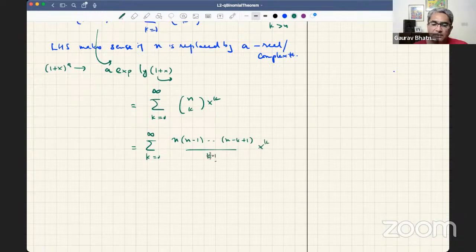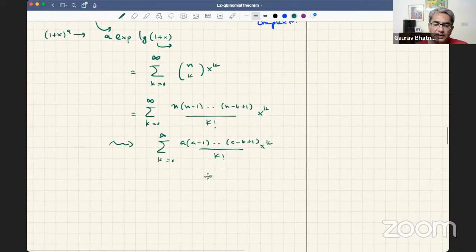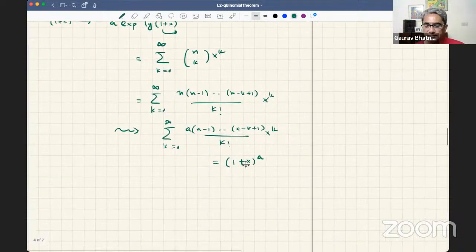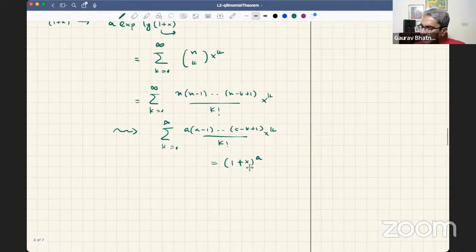And now you can replace n by a. So this gets transformed into the sum for k going from 0 to infinity of a times a minus 1 up to a minus k plus 1, over k factorial, times x to the k. So this should be equal to (1 plus x) raised to the power a.